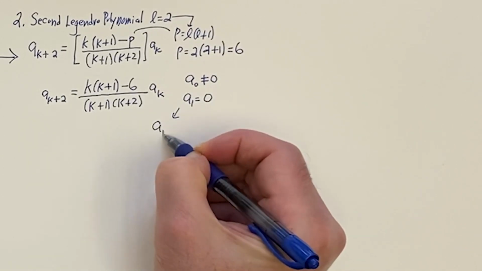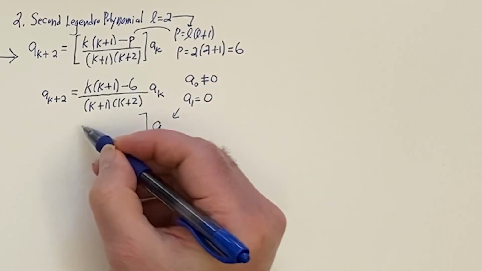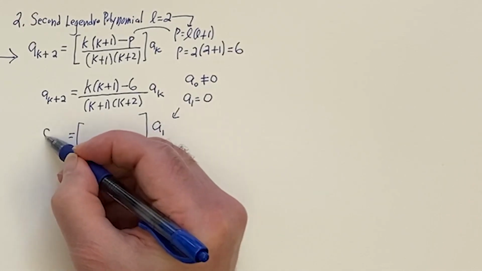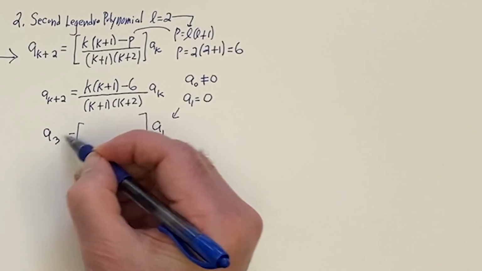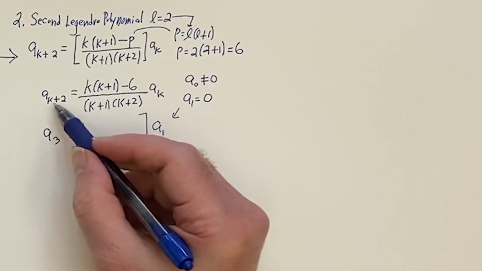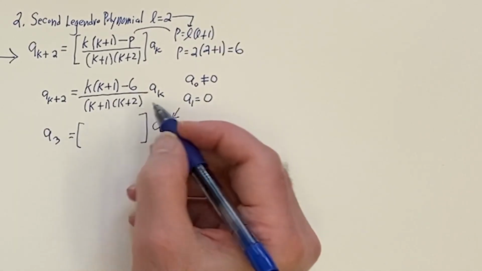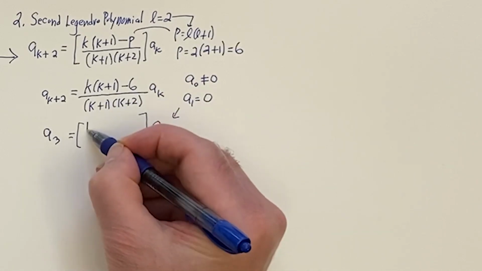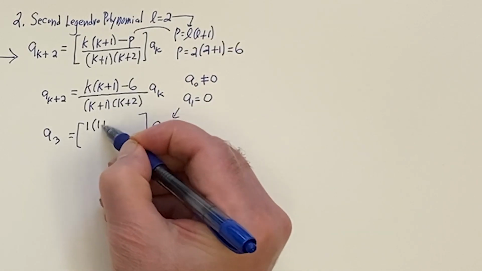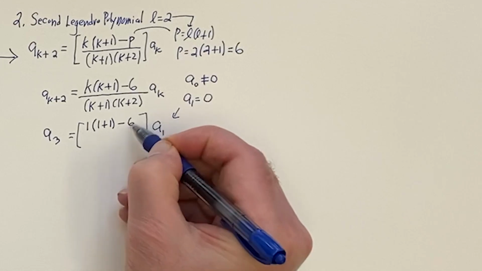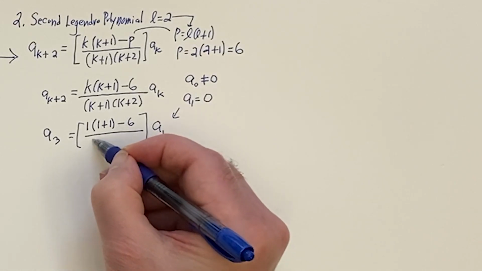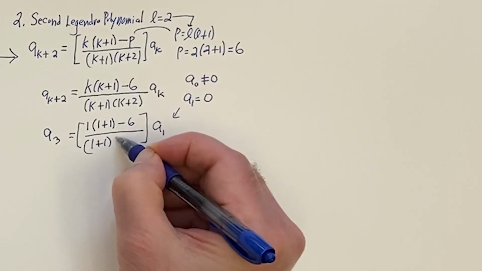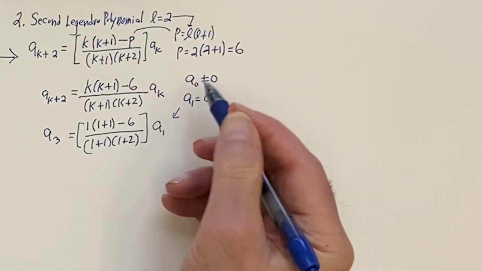If we had the a1 here, to find a3, then if k is 1, you'd have 1 plus 1 minus 6 over 1 plus 1, 1 plus 2.